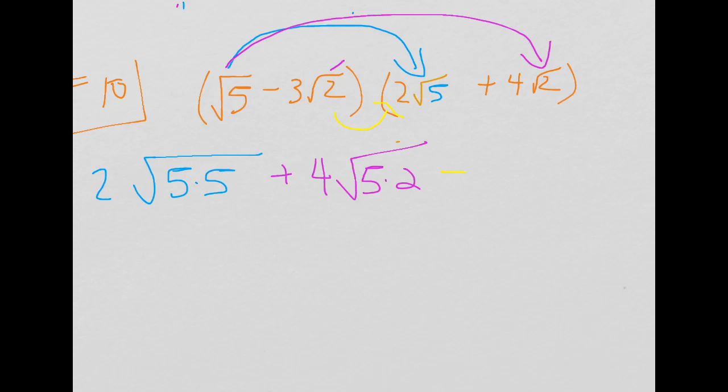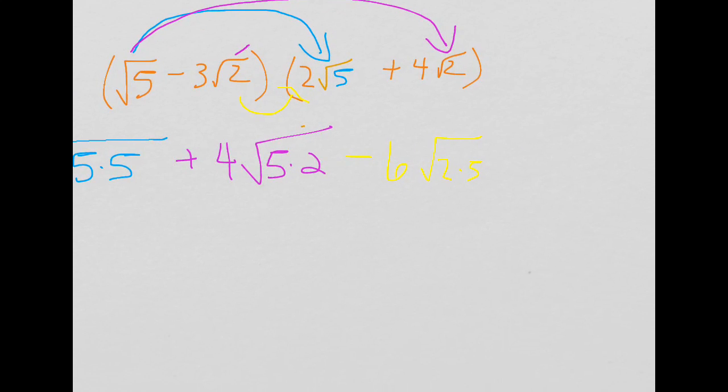So, 3 times 2, yeah, 6. And then another way you could just do it, negative 3 times positive 2 is negative 6, and that gives you your sign. Then, the square root of 2 times 5. Any good questions on that step?